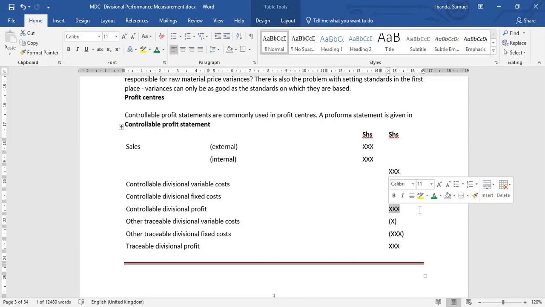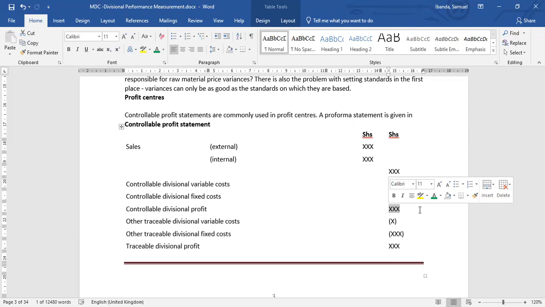In the same way, we also list what we regard as other traceable divisional fixed costs. These could be divisional fixed costs that we had left out, and we are now listing them here to get our traceable divisional profit.